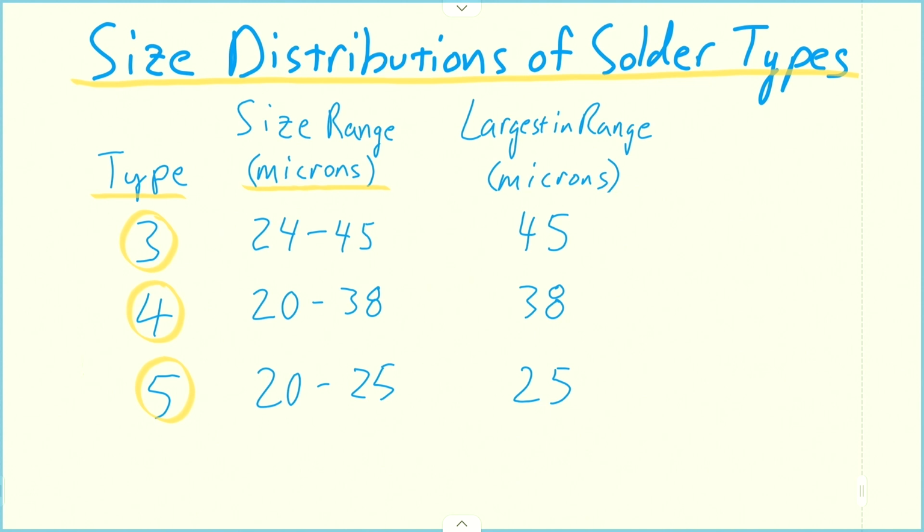For instance, type 3 has a size range of 24 to 45 microns, so that the largest size in the range is 45. For type 4 solder paste, the largest size is 38 microns. And for type 5 paste, the largest size is 25 microns.